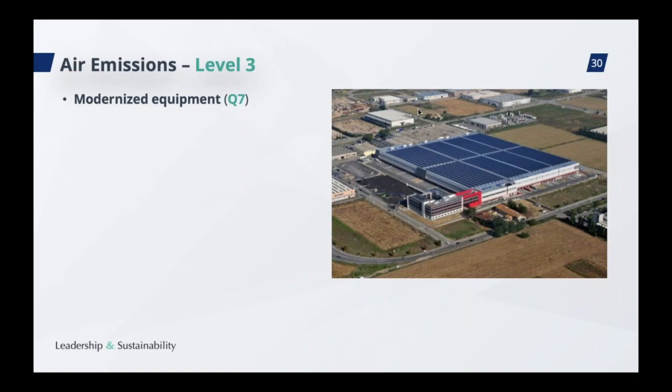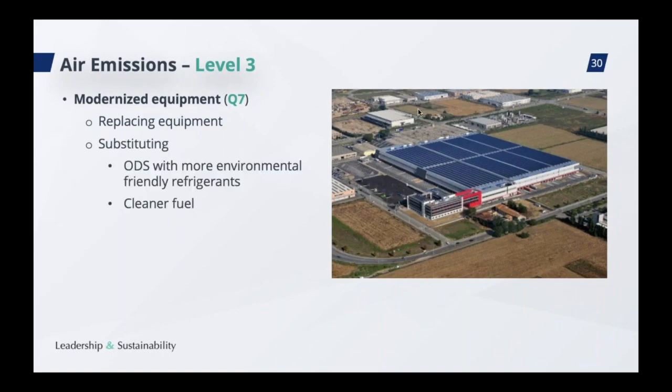Modernizing equipment is an effective way of reducing or eliminating air emissions and indoor air quality issues. With this in mind, you can replace equipment, modify existing equipment, and optimize abatement equipment to reduce emissions.